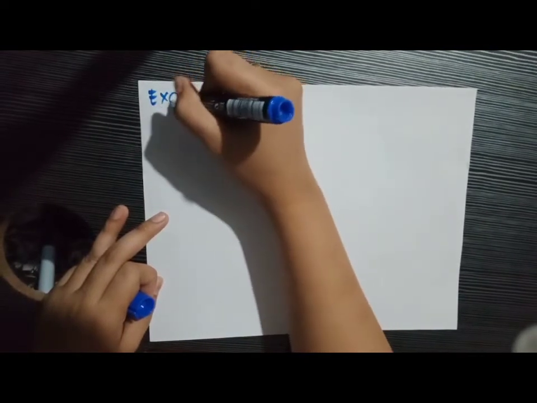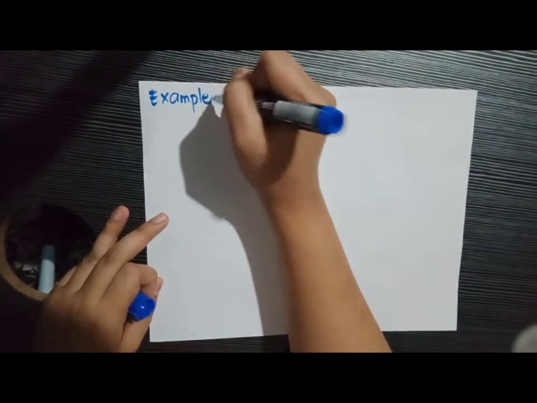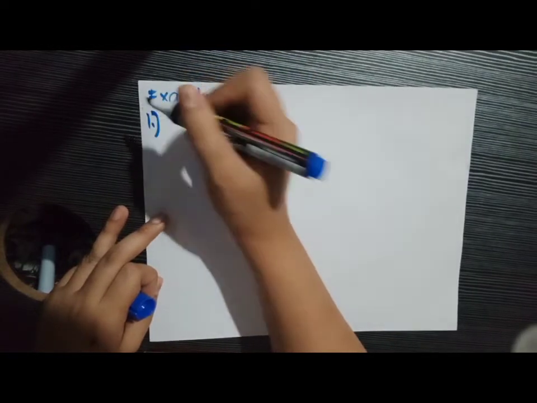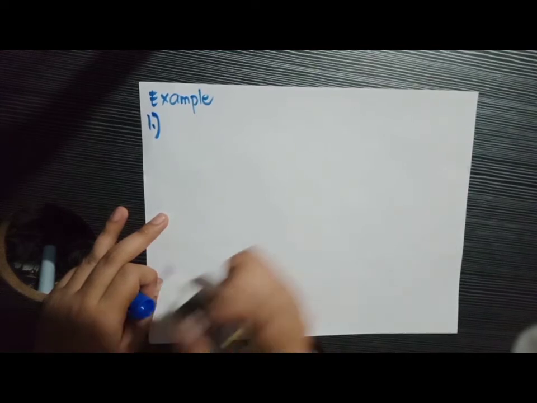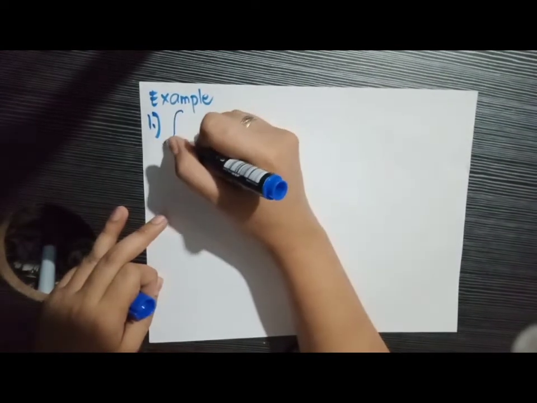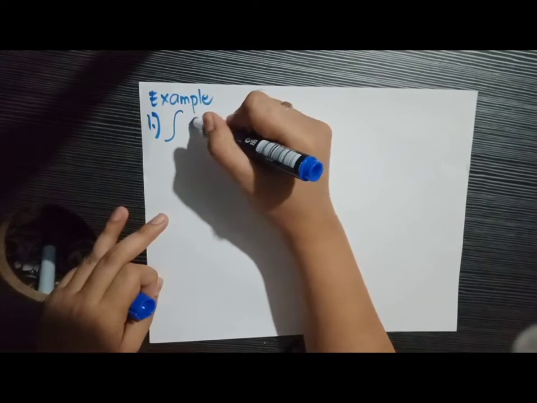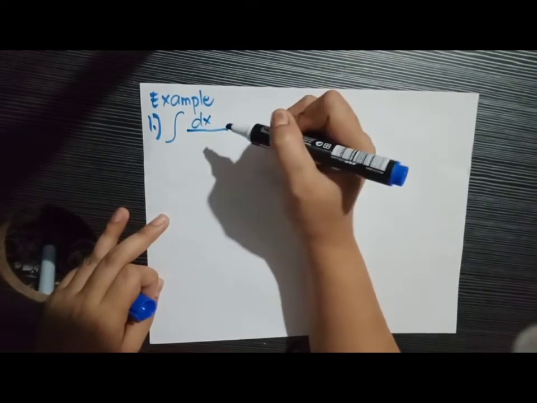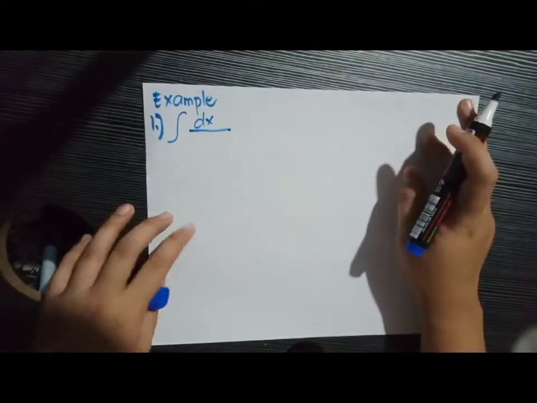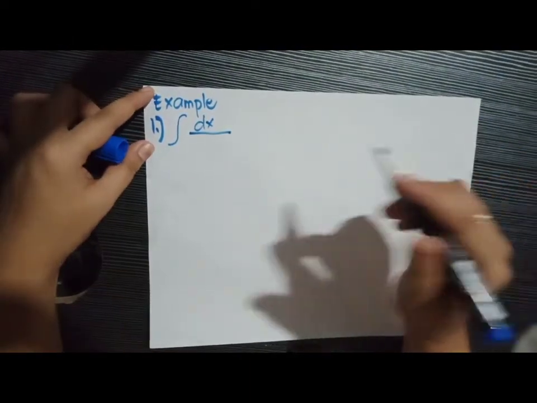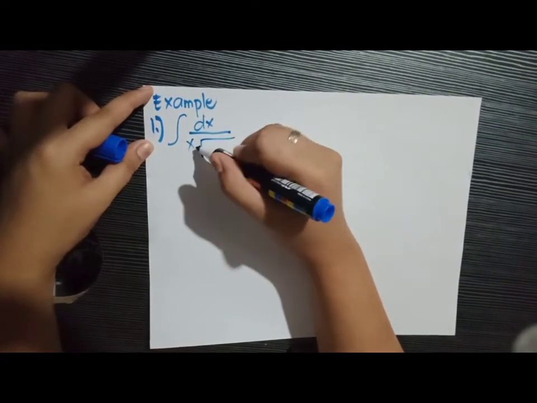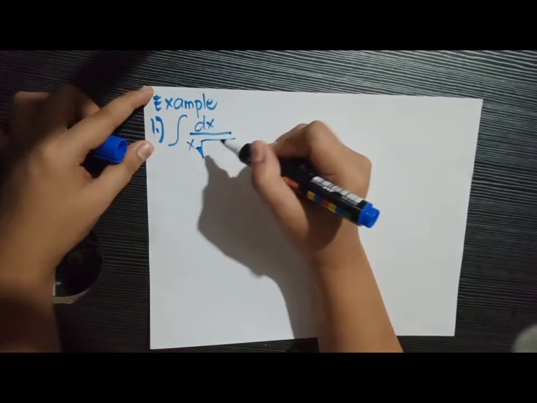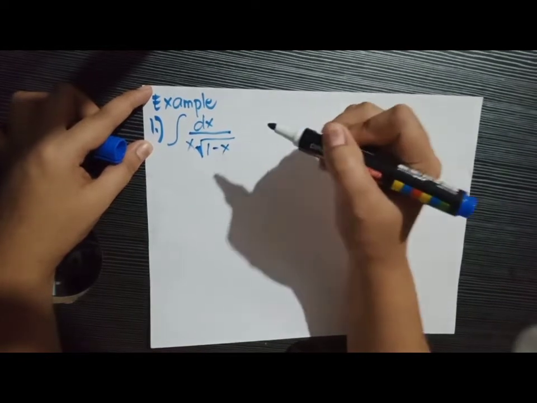Example number 1. The integral of dx over x times square root of 1 minus x.